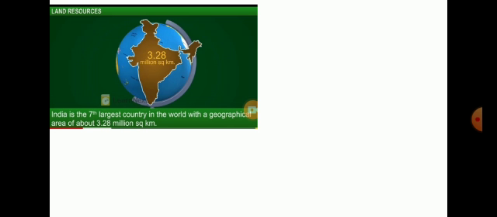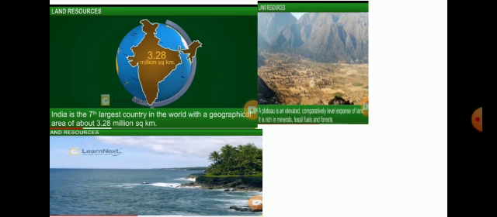We can say India is the 7th largest country in the world with a geographic area of about 3.27 million square kilometres. India has different plateaus and comparatively level expanses of land. It is rich in minerals, fossil fuels and forests. All of these are included in Indian land resources.